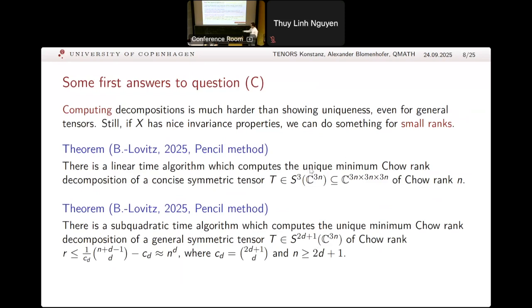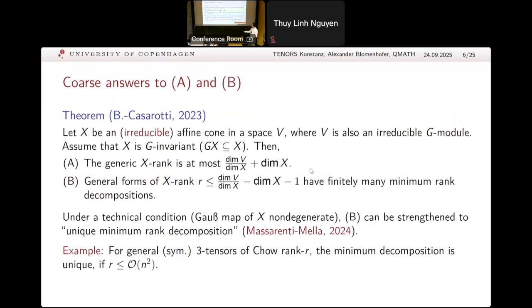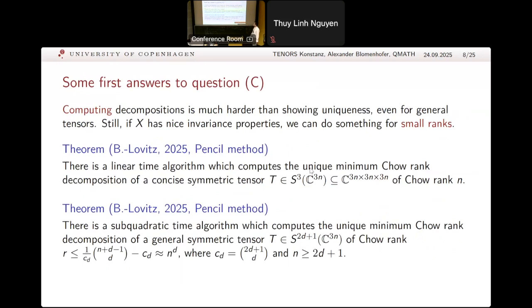Funny is that we also need a bound here, which is the dimension of this space of d-tensors over some C_d minus C_d, and this is exactly the same bound as from this theorem. That is one of the ingredients for this algorithm, at least for the higher order case. For the lower order case, you don't need it. Okay. Questions so far?